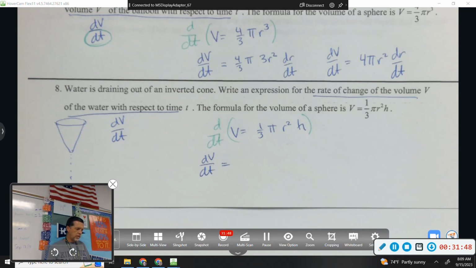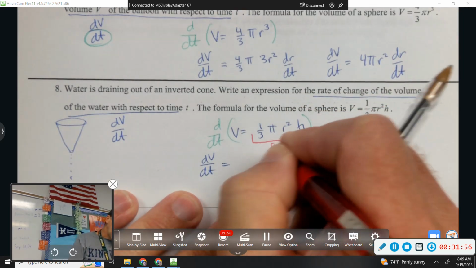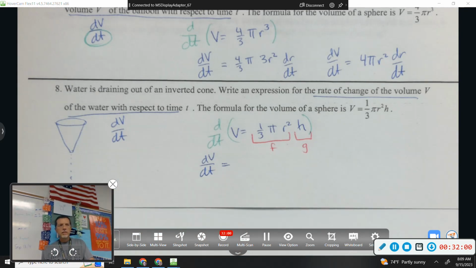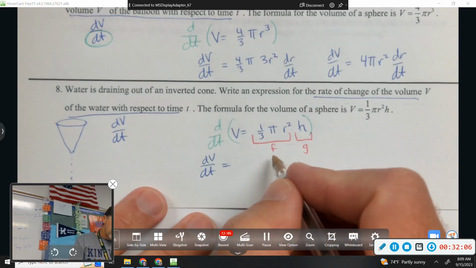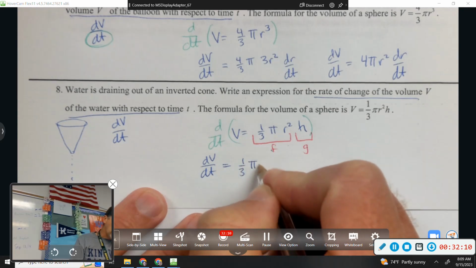The right hand side, I'm going to view as a product rule problem, because I got two variables in there multiplied together. So let's see, first times derivative of the second. So 1/3 pi r squared, that's the first.